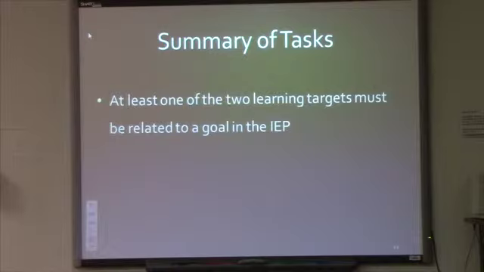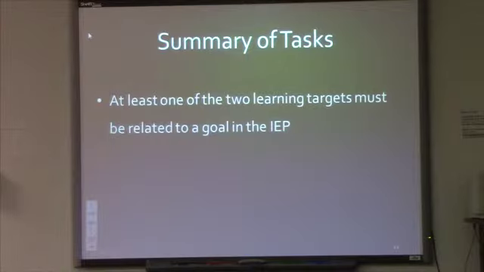If the IEP is not written very well, and you're like, oh no, I really can't find a goal or objectives, I can't figure out how to set up a learning target for this second one, I'm going to use the data that I have to indicate to the reviewer in my edTPA that this is how I am going to align relevant academic content with the environment, the content, and the learning strategies for the learner. If you do that, it's really no different than using two IEP goals.